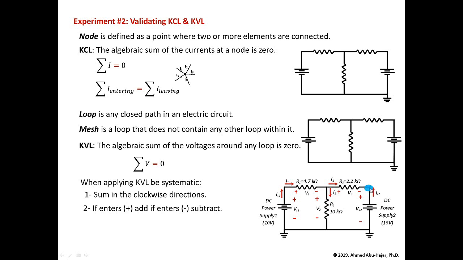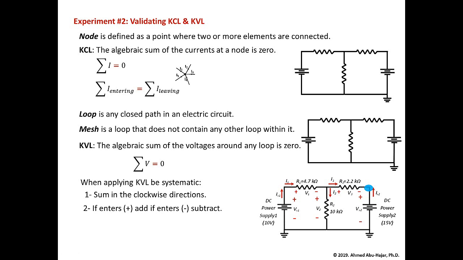And now when you sum this current and this current, they're going to be opposite in signs, and if you add them, they're going to equal 0, because this enters the node and this enters the node. If you add them equal to 0, then this current and this current are going to be opposite signs. I3 is going to be in the opposite direction or opposite sign of IS2.